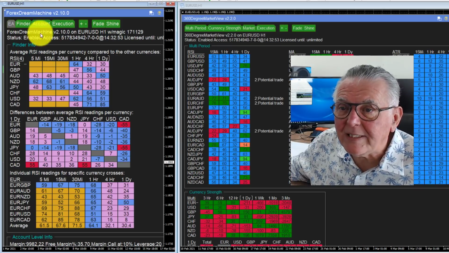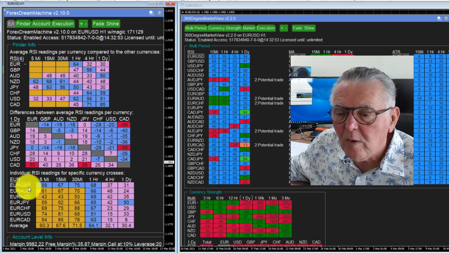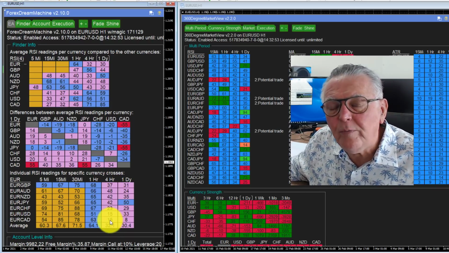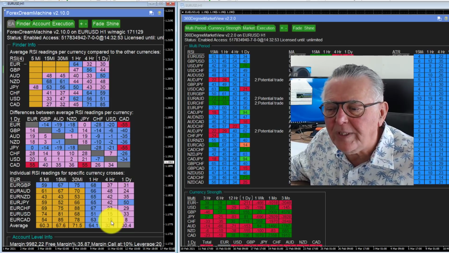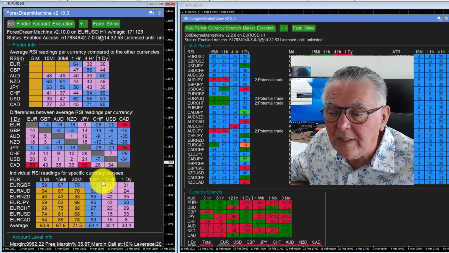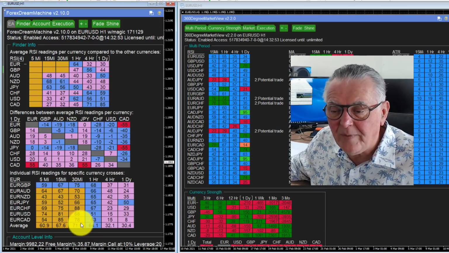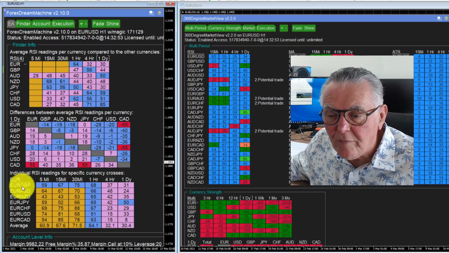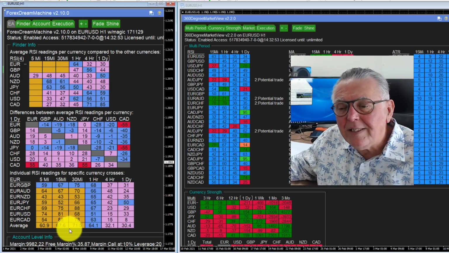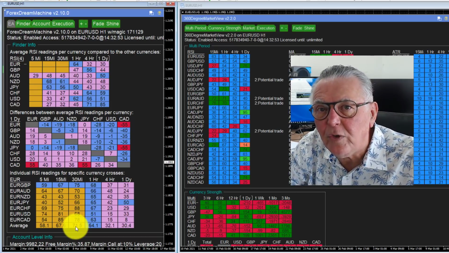So if we look back at the Dream Machine, you can see here are the RSI readings for all the crosses that there are, and then what we do is we get an average of those readings. We can then say, okay, look at this, the euro is very strong in the hourly time frame, 63, or it's very strong on the 30-minute time frame, because we're looking at the average for all of the euro's crosses, and that average is what we're going to use in our indicator that I'll show you pretty soon.